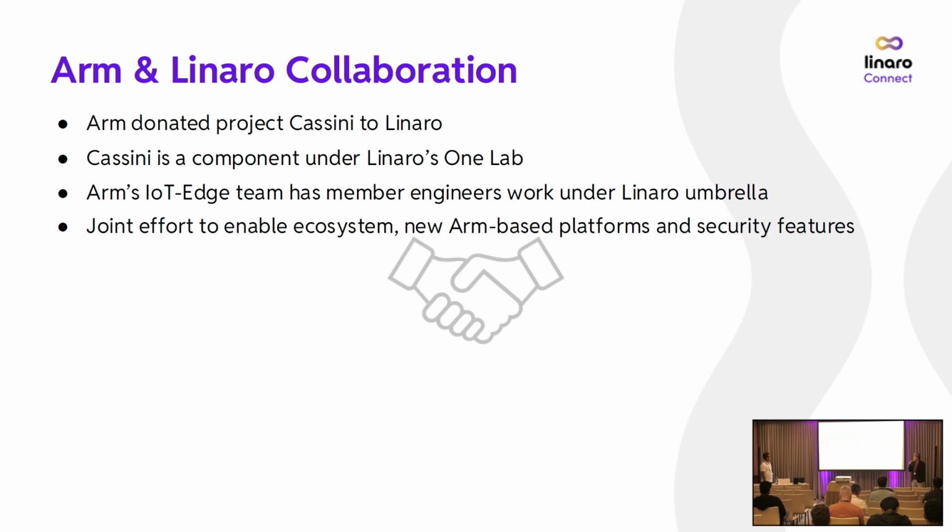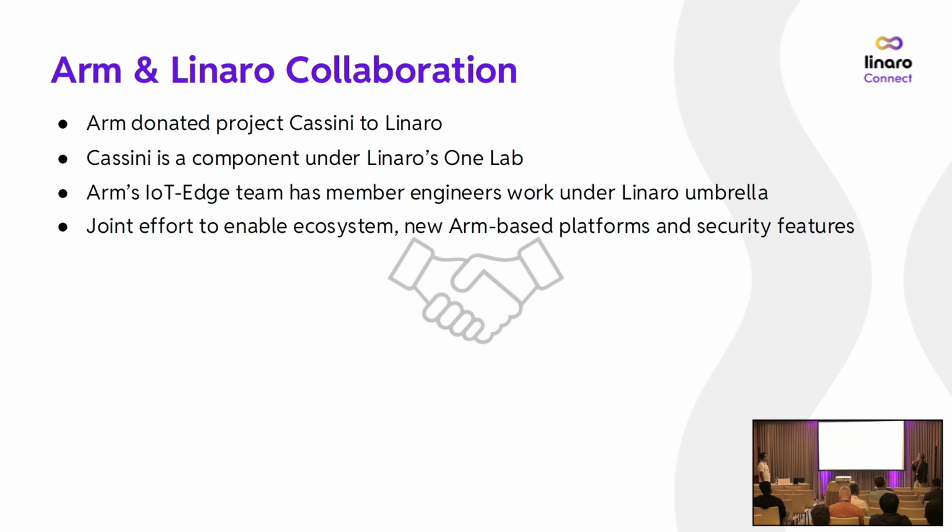So Cassini is donated to Linaro now. That's why we are working with Linaro in a really deep collaboration. And Cassini is just a component under Linaro's OneLab. I'm sure you have all checked OneLab and know what it is, but I highly recommend checking OneLab and all the features over there.